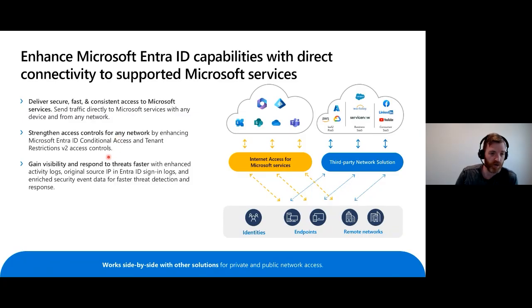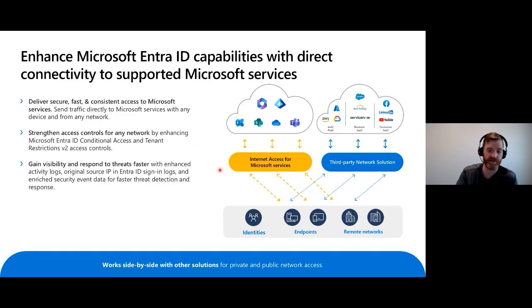Now, if you are already using, let's say, a third-party SSE provider, Zscaler and Netskope are two of the most popular providers out there, excluding Global Secure Access, of course. We do support side-by-side coexistence deployments, meaning you could deploy a third-party client and the Global Secure Access client on the same device and configure them in such a way that the GSA client would handle all of the Microsoft traffic and the third-party client can handle everything else.